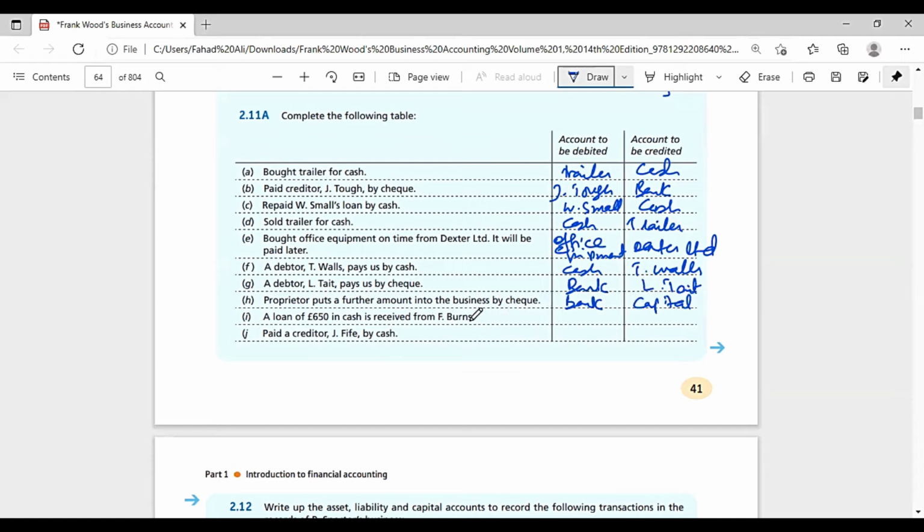A loan of 650 in cash is received from F Burns. So F Burns is a creditor. Cash is received first, we'll write that. F Burns is credited. Okay, good. Paid a creditor J5 by cash. Cash is debited.